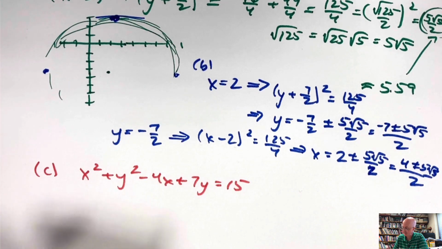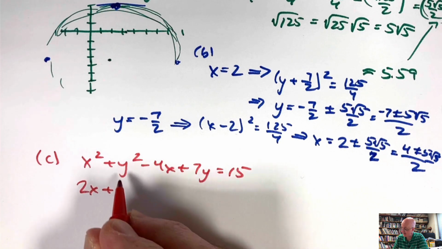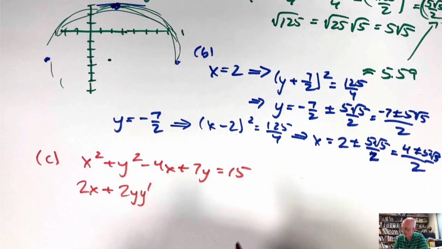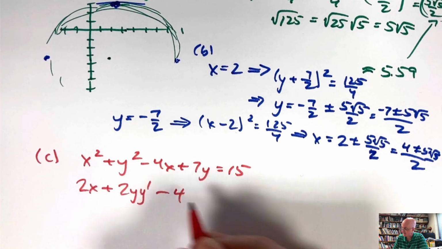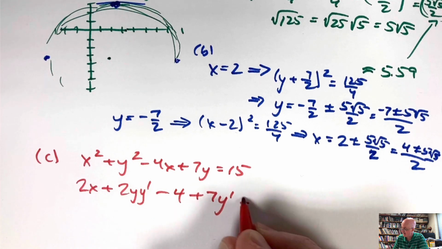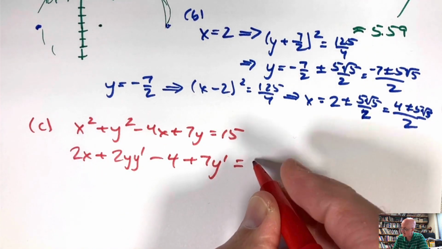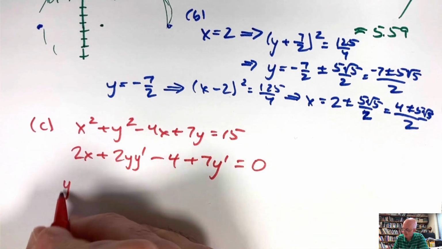Differentiate with respect to x, get 2x plus, careful, not 0, but 2y, y prime, with the chain rule. Then differentiate minus 4x, get minus 4, and then the derivative of 7y with respect to x is 7y prime. 15 is an honest-to-goodness constant. Its derivative is 0. Solve this equation for y prime.